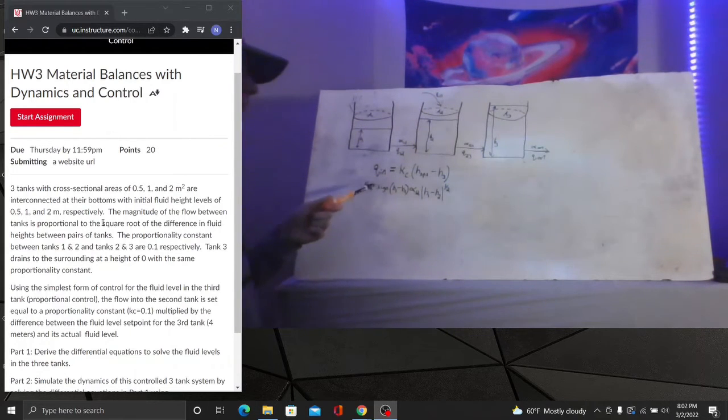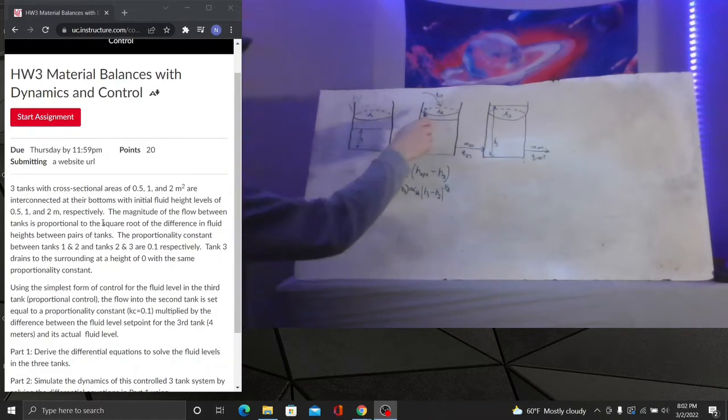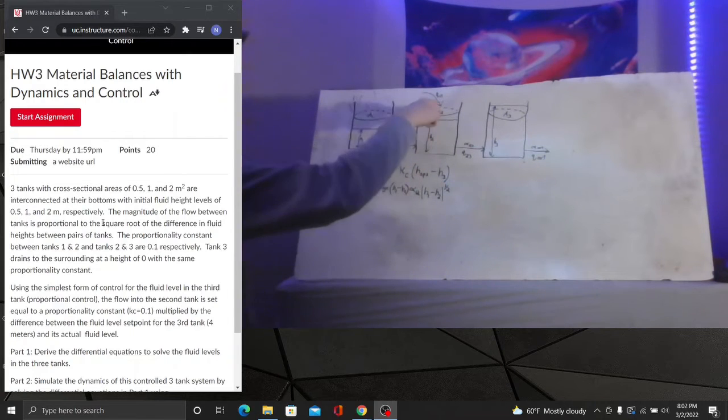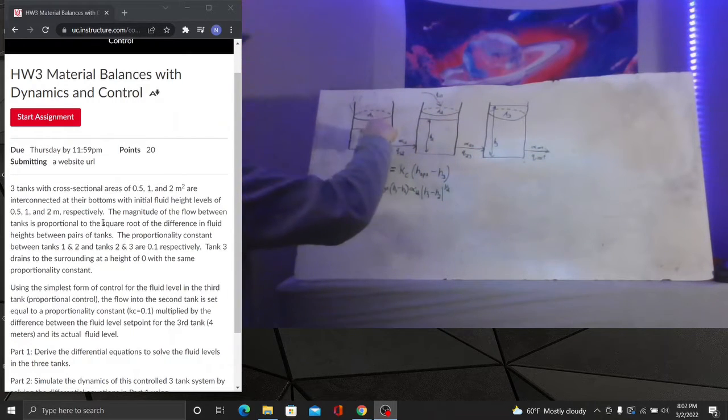So now if we get a positive number, then we'll know that we'll have the positive flow, and if it's negative, then we'll know that we'll have negative flow going from the higher height to the lower height. Or if the higher height's here, to the lower height here.